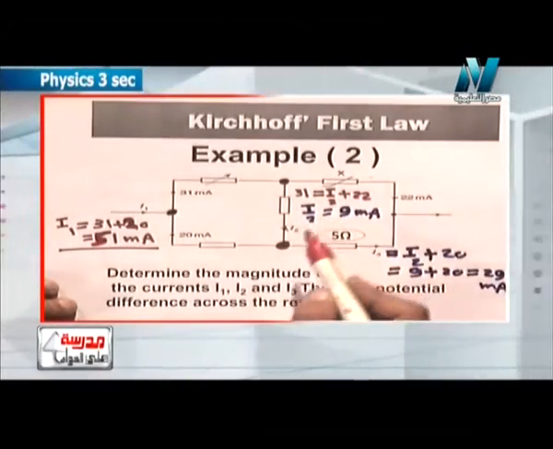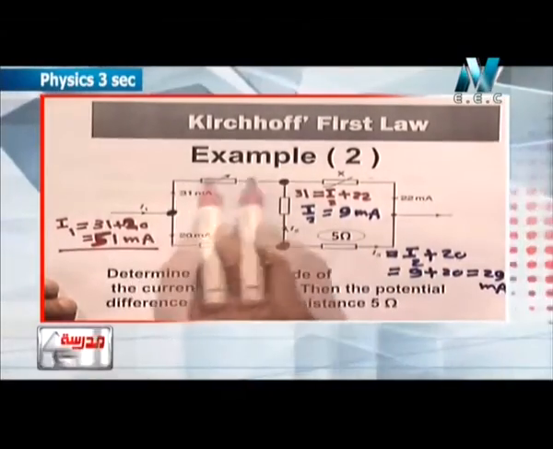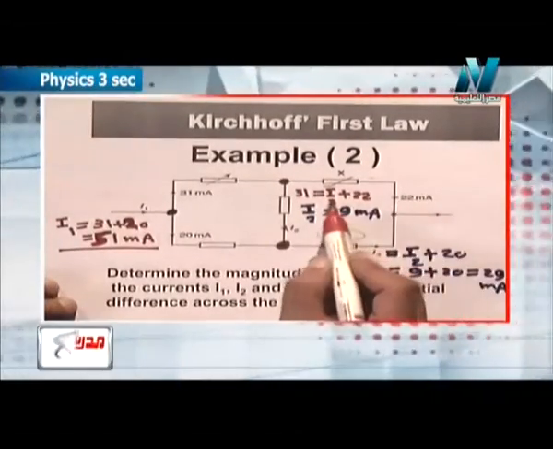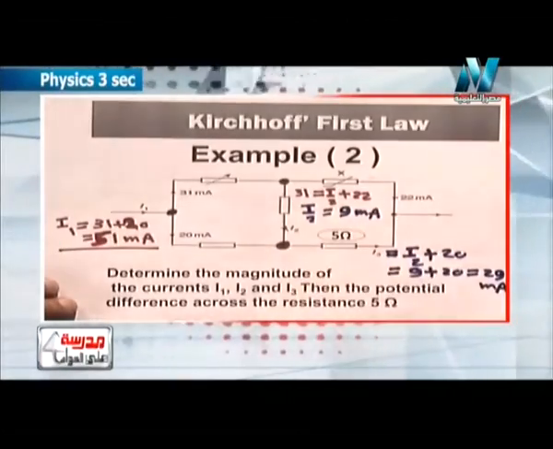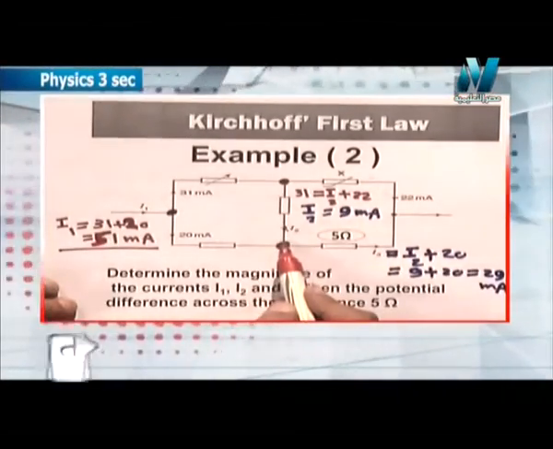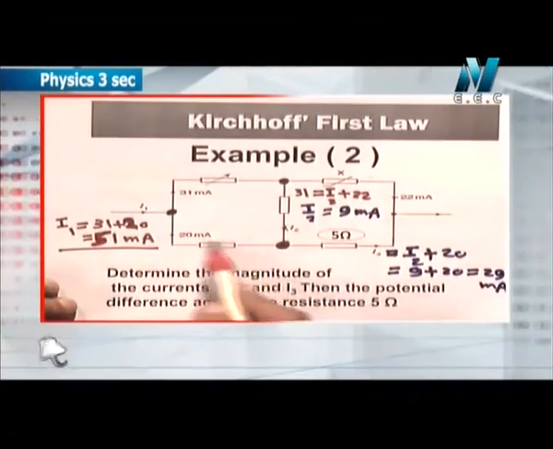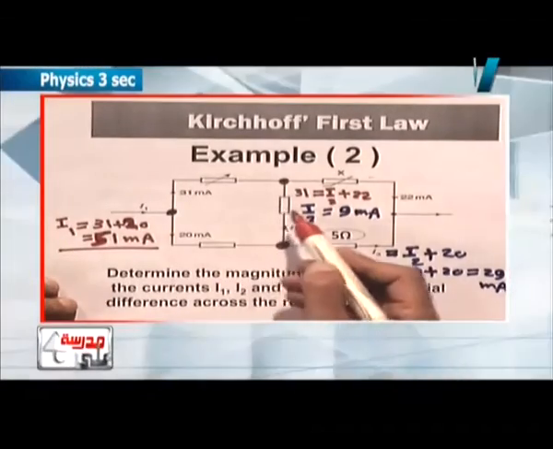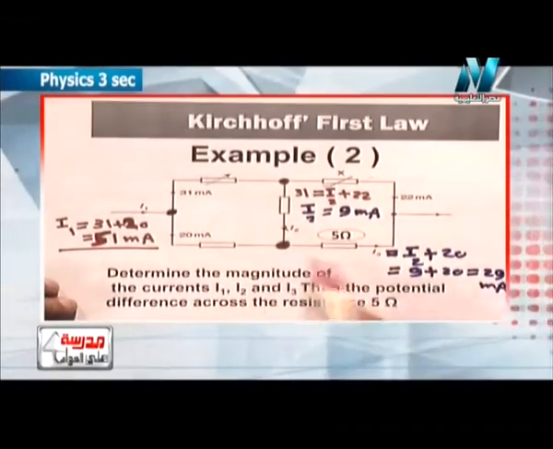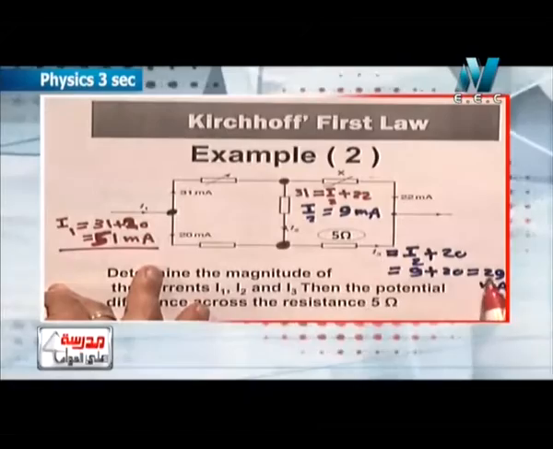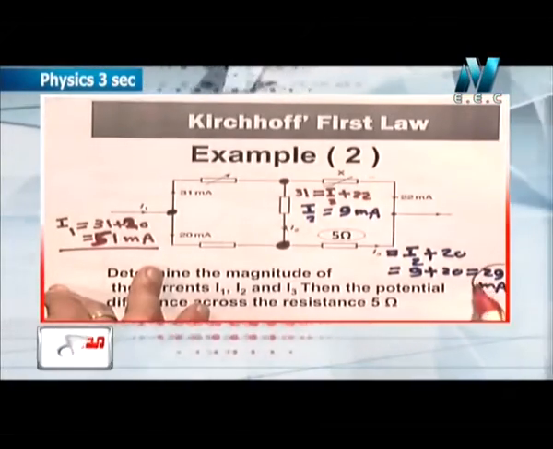So we can calculate 31 equals I2 plus 22, so I2 equals 9. So here 9 milliampere, and 20 from here, 20 plus I2 equals 29. So I3 here equals 29 milliampere.